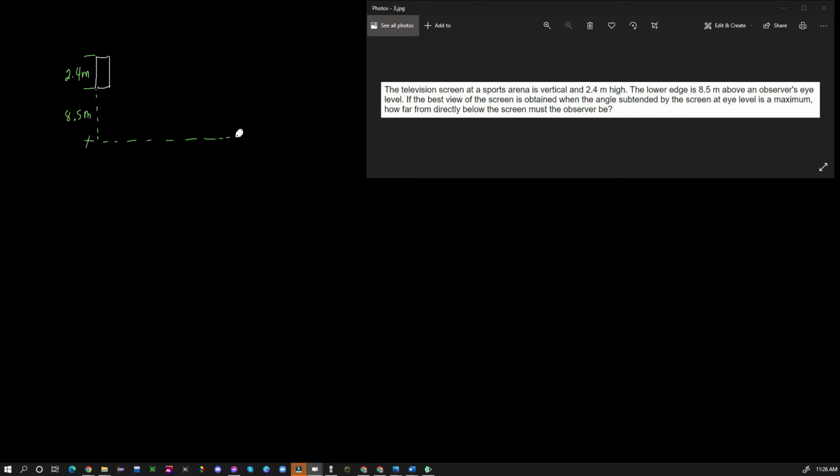So, gikan dira, padulong dira, 8.5. If the best view of the screen is obtained when the angle subtended by the screen at eye level is a maximum, pasabot, kani daw siya diri, subtended sa screen.